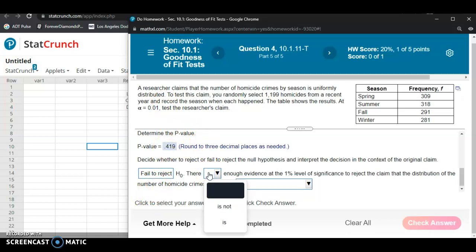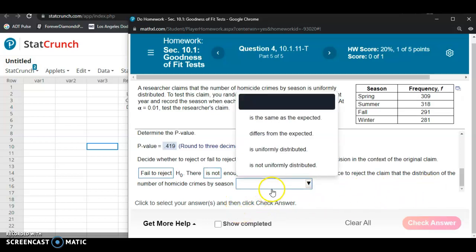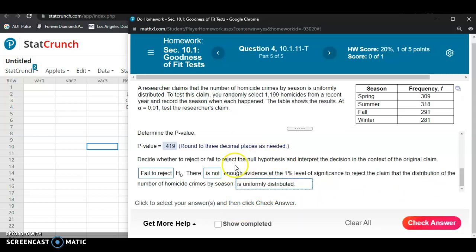The way that we word this, which can sometimes be a little tricky, is that there is not enough evidence at the 1% level of significance to reject the claim that the distribution of the number of homicide crimes by season is uniformly distributed. This can be tricky if you're not careful.